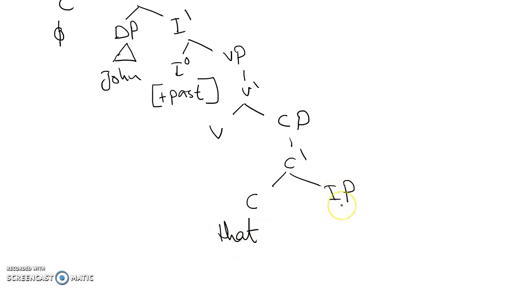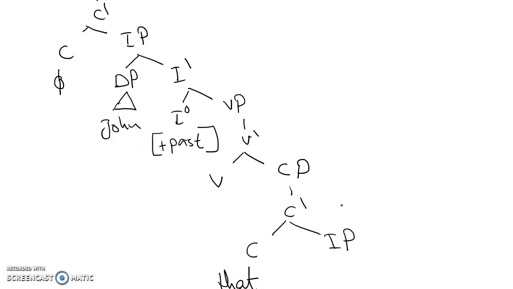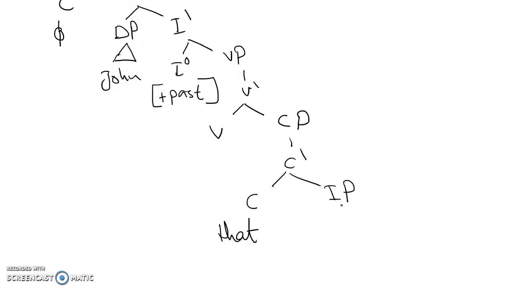Then I have to come up with the analysis of this IP. We can say that for this IP, he gets a high mark, I will use the triangles just to secure the details. So this IP consists of a DP and an I bar. The DP is he, and for the I bar, again, we have I0 and a VP.